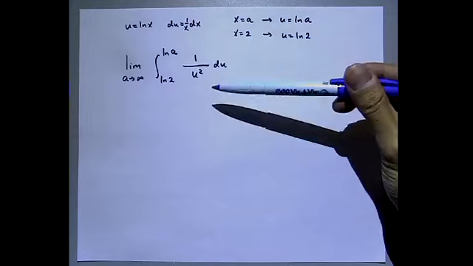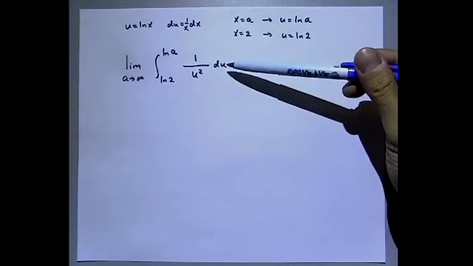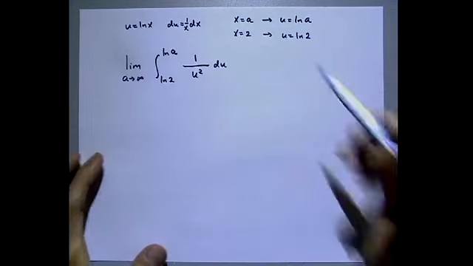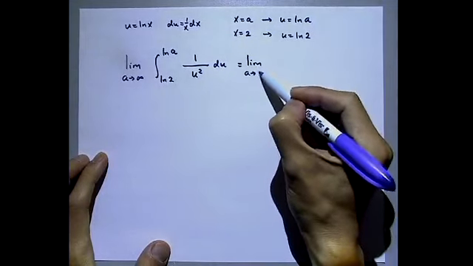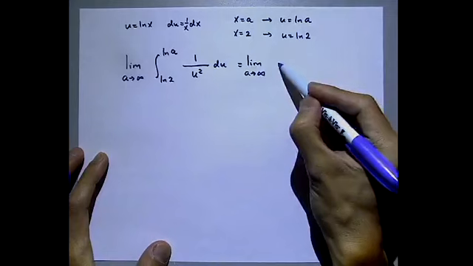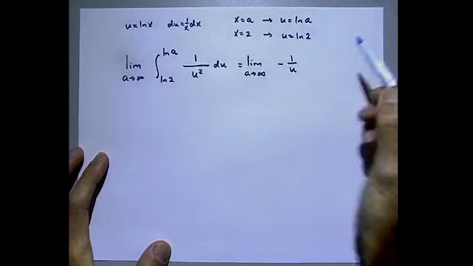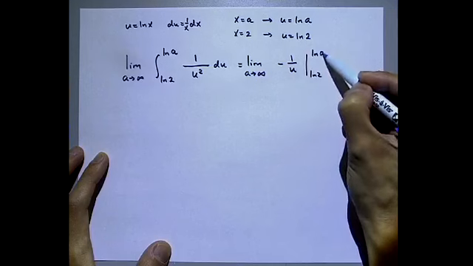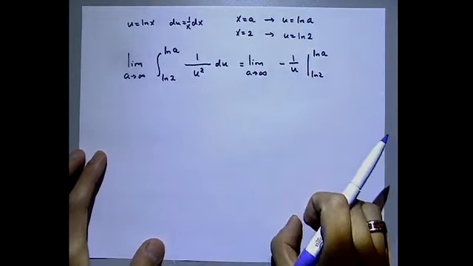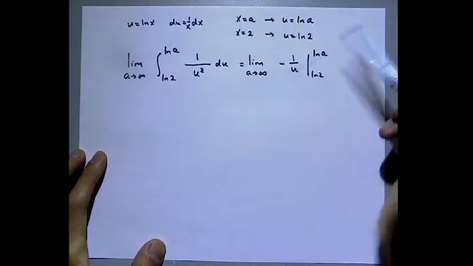And 1 over x dx turns into du. So we have this. Right? And then we integrate that, we get this.